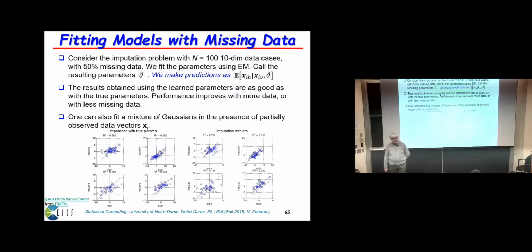So EM works very nicely for this data imputation problem, and I can extend this to lots of different scenarios, with sensors for example that have missing data, and you can do lots of fancy things with little to no additional cost.